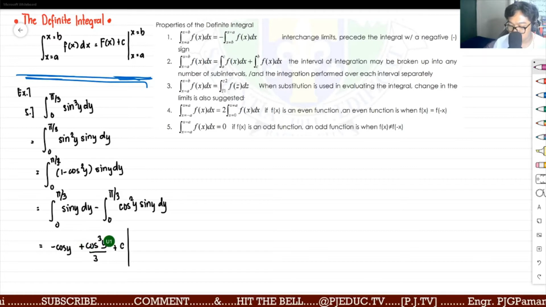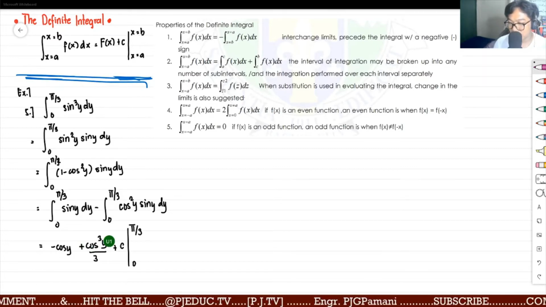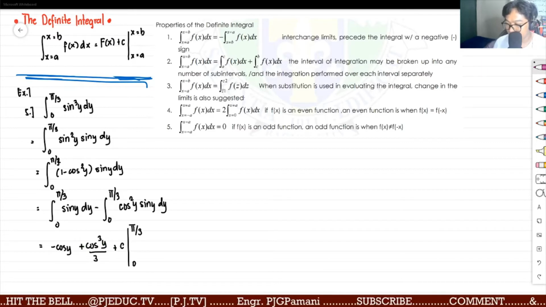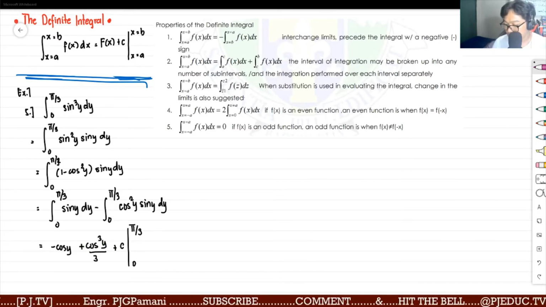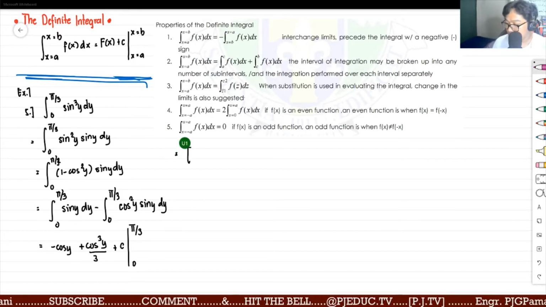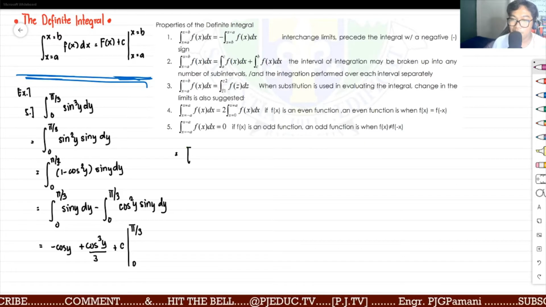Then we introduce our lower and upper limits. Okay? Again, subtract the lower limit from the upper limit.